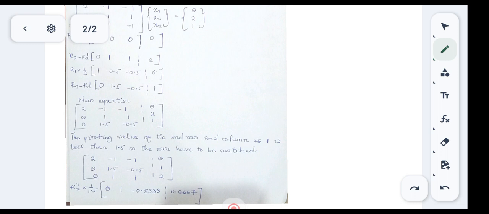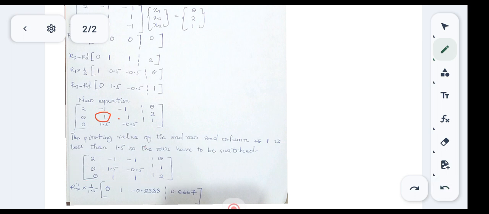So it means that the 1.5 here should be on top. So you should replace the 1. The only way we can do that is by switching row 3 and row 2. When you switch row 3 and row 2, the 1.5 will come and replace the 1, and the 1 will come and replace 1.5. And that was done here. So you realize that you have replaced the 1 with 1.5 as seen there.